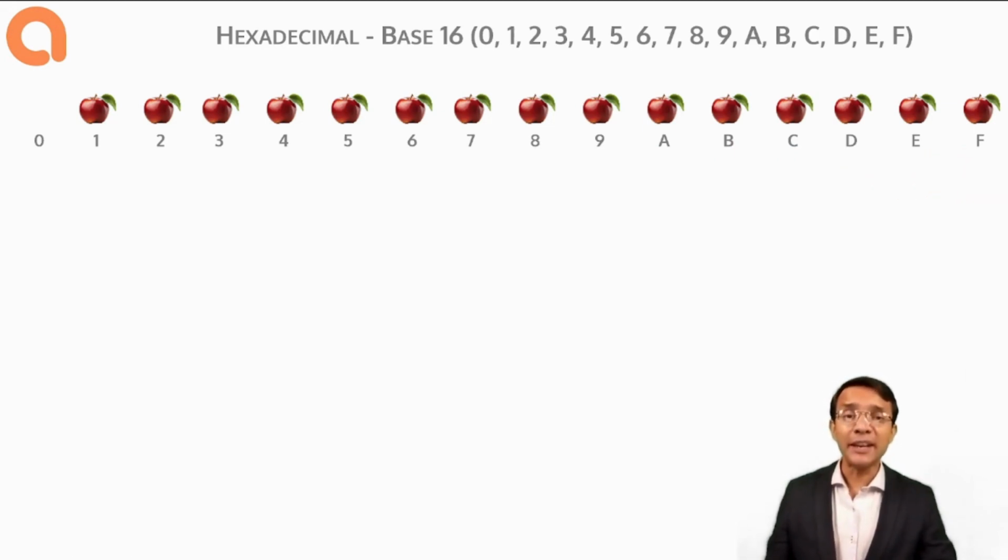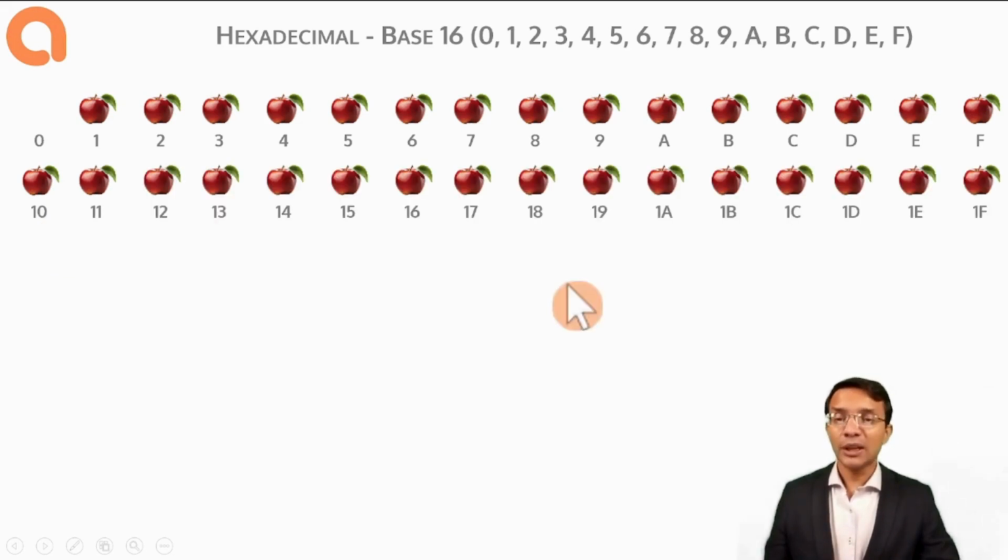Once we are finished with all the numerals for the first digit, we start expressing with 2 digits and we denote the 16th apple as 10. In this way, we count up to the 31st apple as 1F.